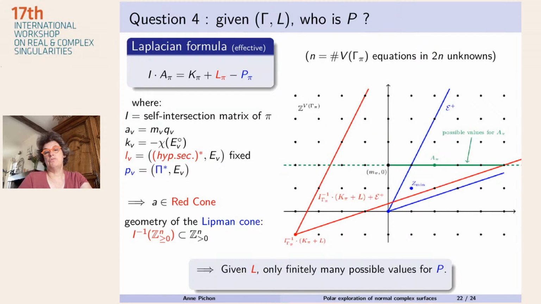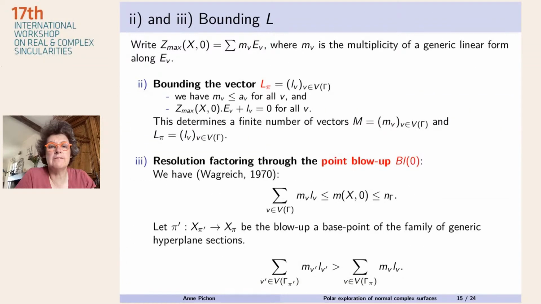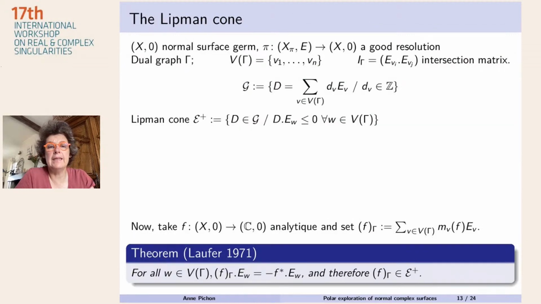And in order to see that, I will return back to the definition I had. You see that E plus is just the inverse image by minus I gamma, the intersection matrix transformation, so it is minus I gamma to the minus 1 of the positive quadrant, okay?